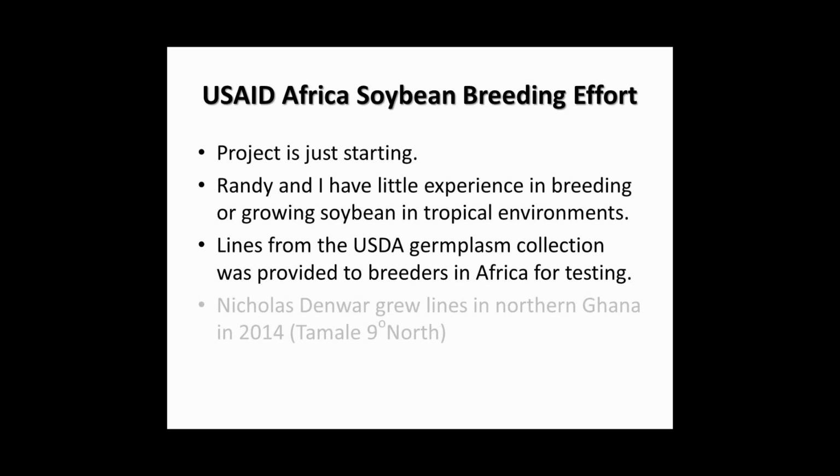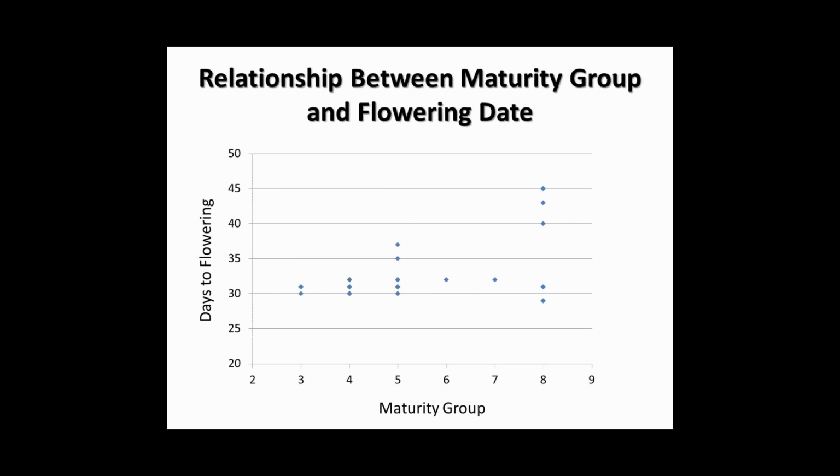And so as I mentioned before, Randy has sent germplasm from the USDA collection to the 3 collaborators in Africa to see if they can identify germplasm that looks useful and adapted to African environments. What I'm just going to talk about is some work that Nicholas Denwar did in growing the USDA material in northern Ghana, and that's in Tamale, which is about 9 degrees north latitude.